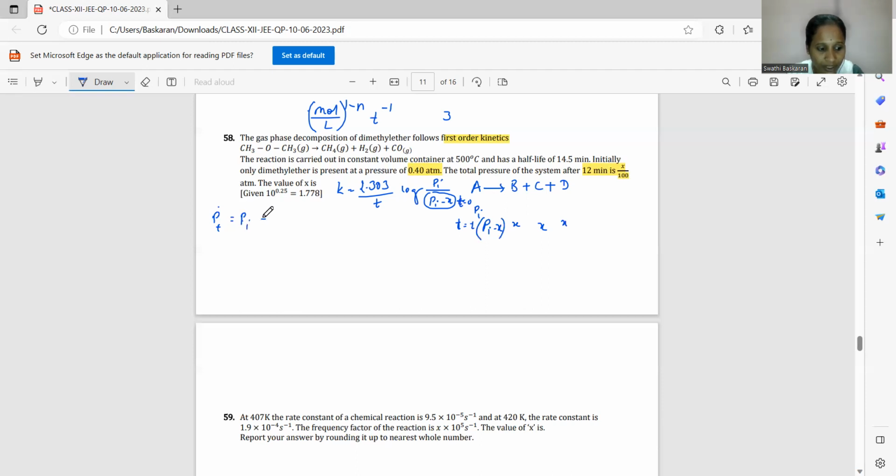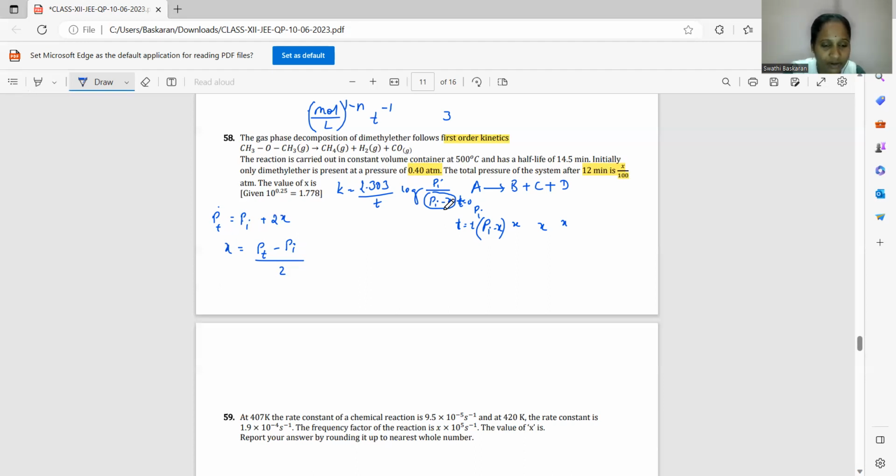Now what will be the X value? The X value will be PT minus Pi divided by 2. Now applying the X value in Pi minus X, we will get the value of Pi minus X.